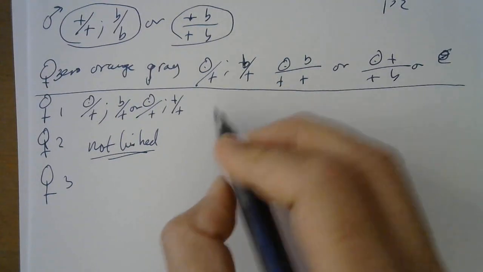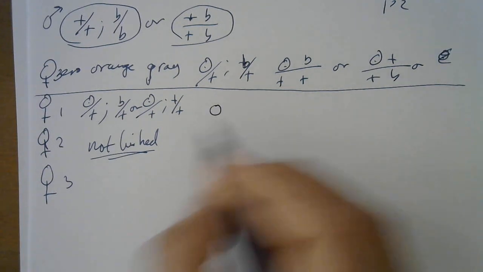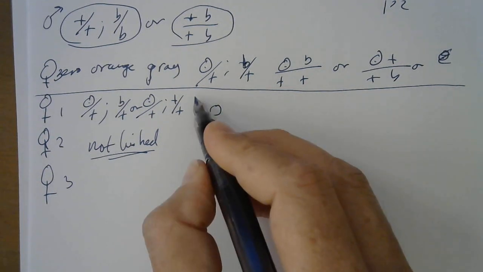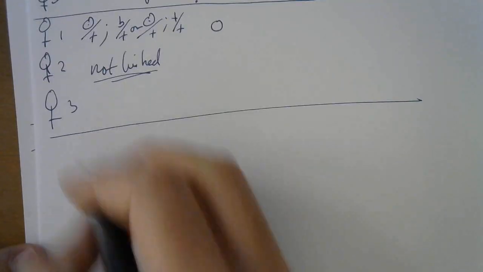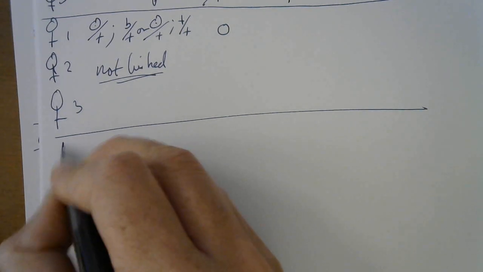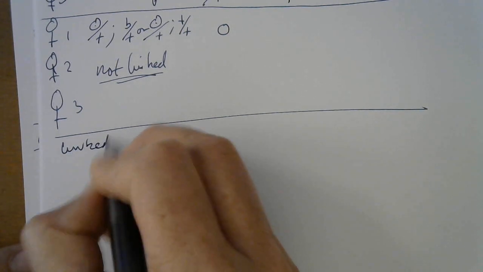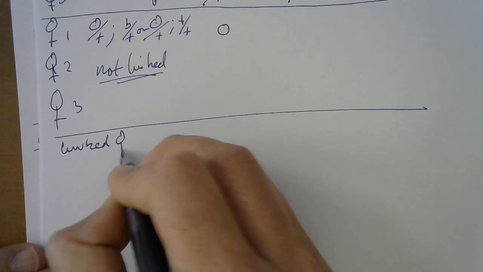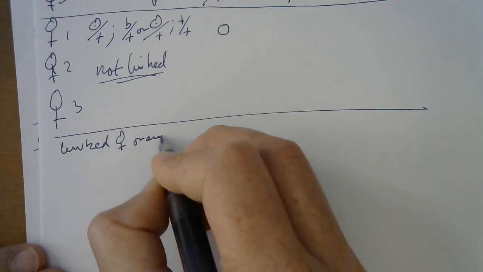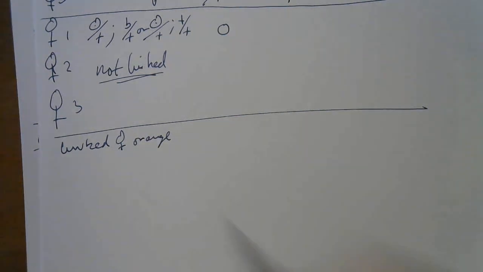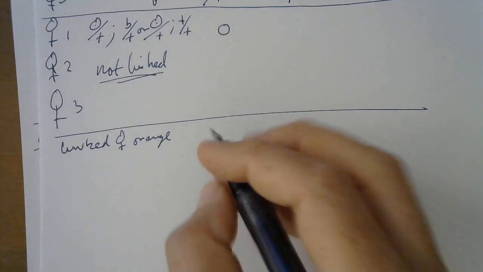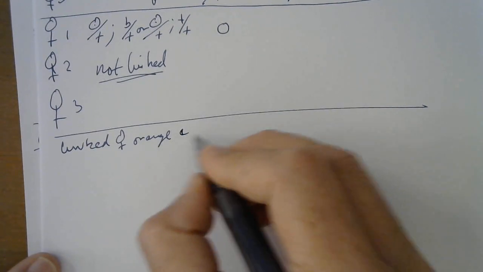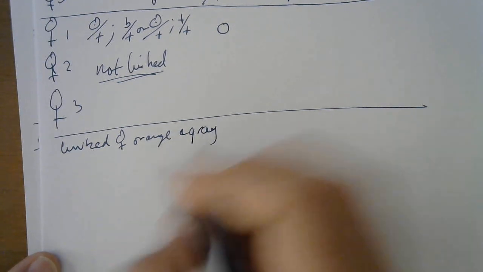We can have this, we can have, so I'm going to not say which one is which, because we don't know yet, but let's consider this. So we have linked female, orange, but again, don't forget to look at the question, orange eyes and gray body, orange and gray.